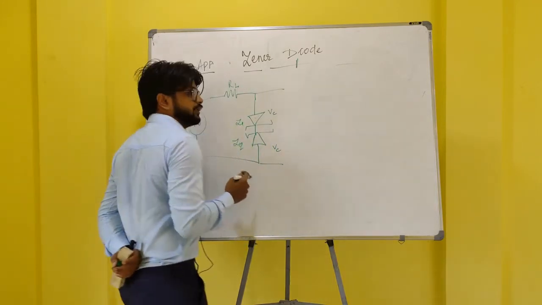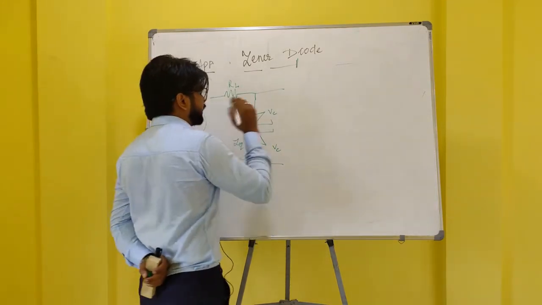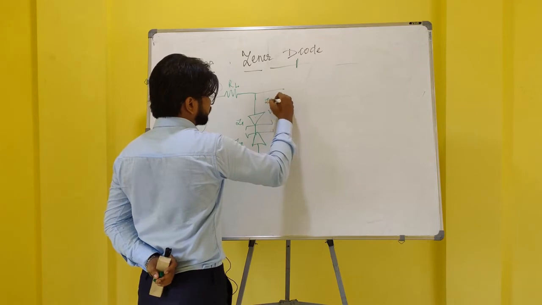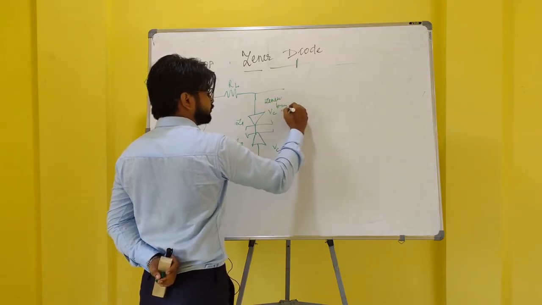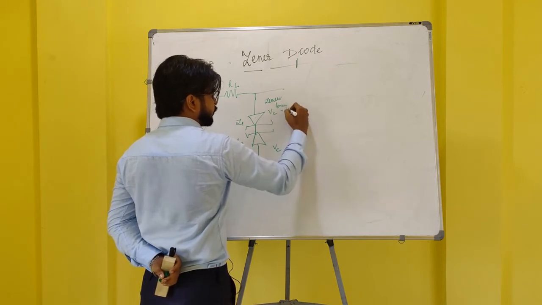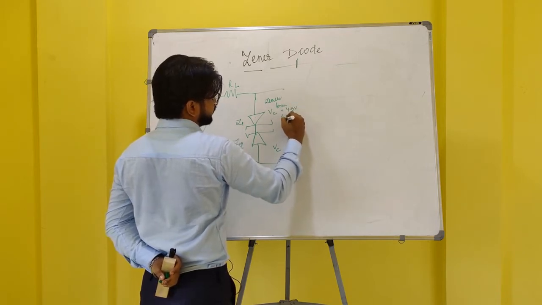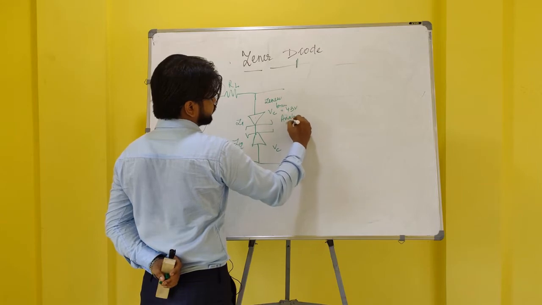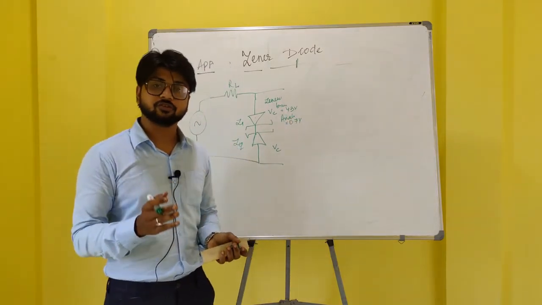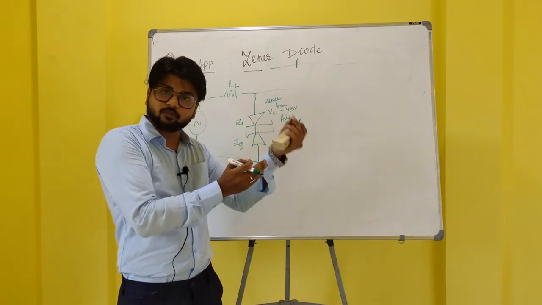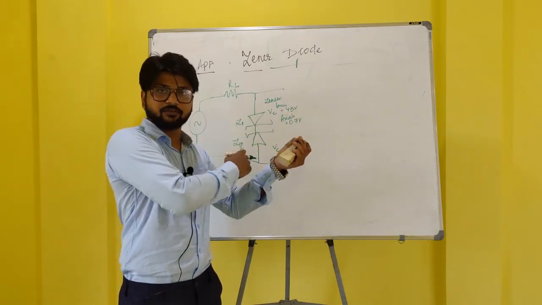And here the Zener breakdown voltage is 4.3 volts and the avalanche breakdown is 0.7 volts. Avalanche breakdown is the breakdown which is caused in reverse bias condition, that is the 4.3 volts which we explained in the graph.